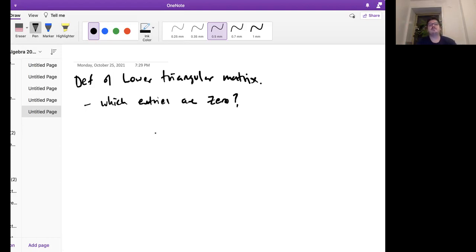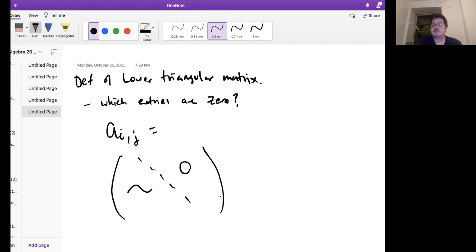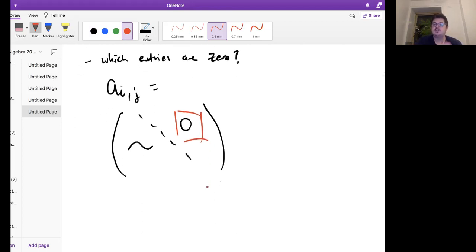For A_ij, can you say which entries should be 0? What's the relationship between i and j in all entries to the right of the diagonal? Or how about this? Can someone say what are entries on the diagonal? What must be true about i and j for entries on the diagonal?